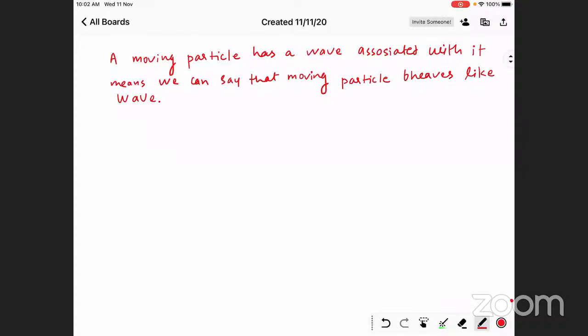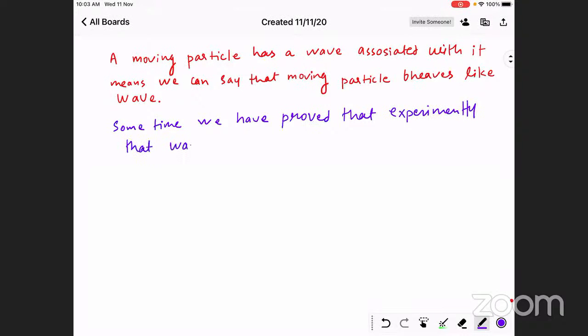And one more thing, like I just told you, a particle can behave like wave. In the same way, we have proved experimentally that wave sometimes behaves like particle.